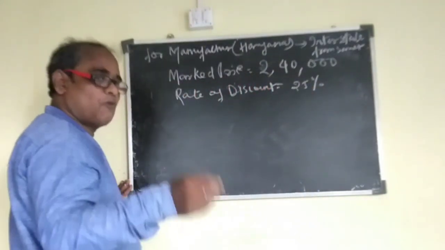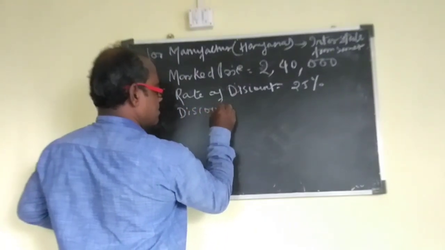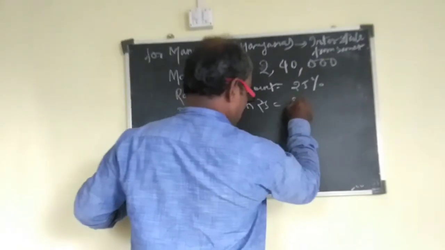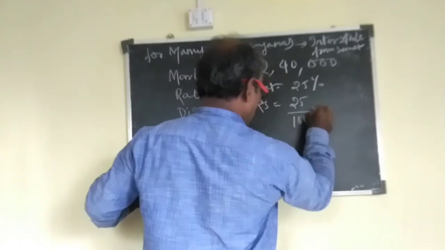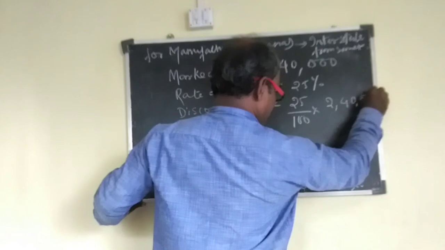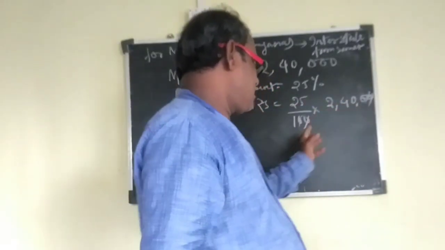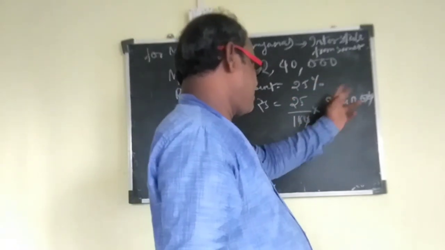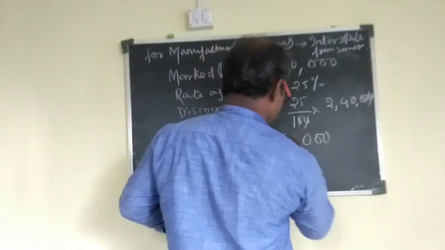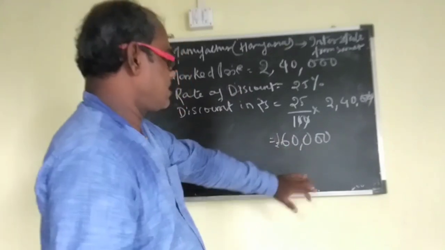So we calculate discount in rupees. Discount in rupees is equal to 25% of 2,40,000. So on simplification, we get 25 fours are 100, 0, carry 10, 25 fours are 50 plus 10, 60. That means we are getting 60,000 discount. So he is giving 60,000 discount.